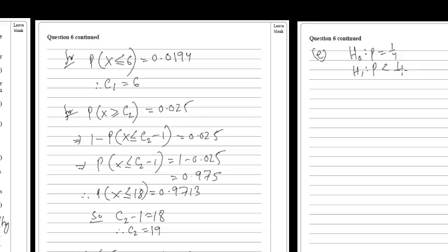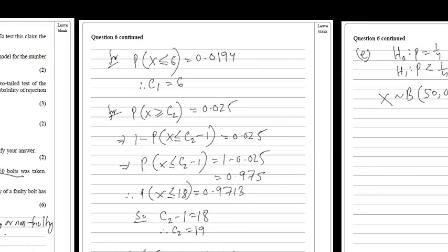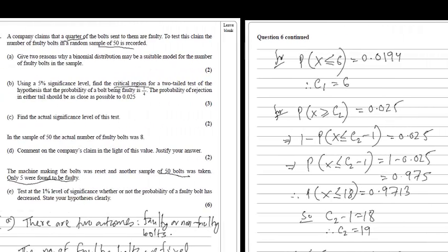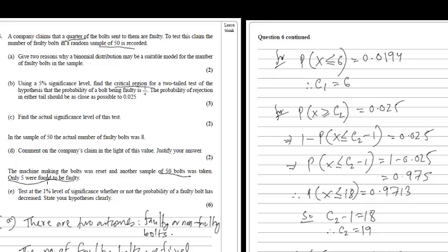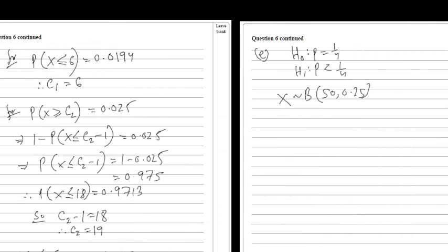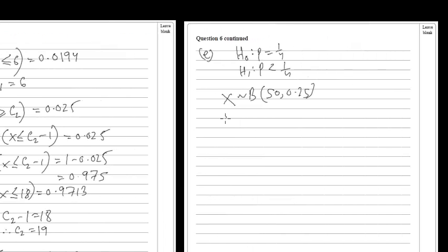H1 is decreased. We have defined X before, so that is fine. So the binomial distribution is 50, 0.25. 1/4 means 0.25. Here our random variable is only 5 were found to be faulty, so the random variable has to match the alternate hypothesis. So X is less than or equal to 5.